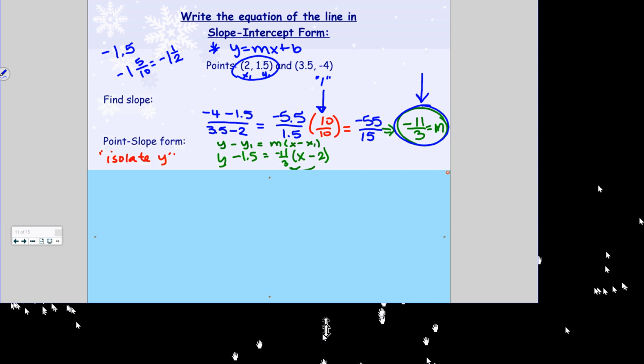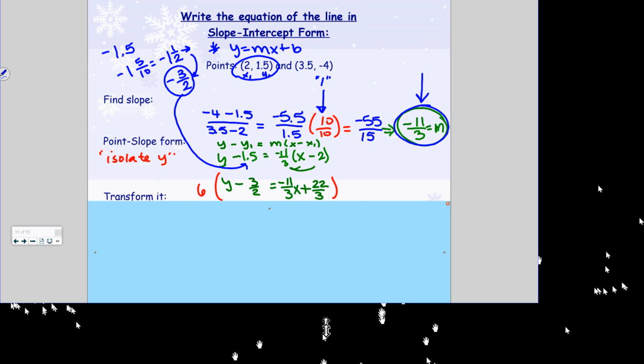And it is going to be easier to work with this fraction as an improper fraction. So let's go ahead and make that final transformation into -3/2. Okay, so this is the fraction equivalent to -1 and 5/10. So I've transferred that and written it as 3/2.